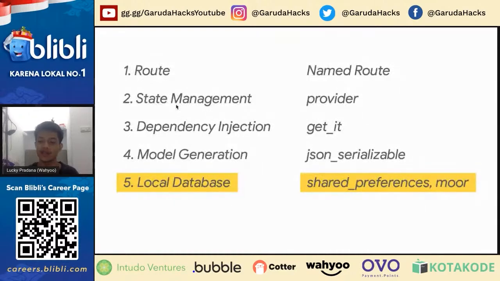It's a SQLite library that helps you generate the model of the database, and you just call the DAO from it. Also, there's one small one called Hive. It is a NoSQL library that you can use the same way as Moor, but it is NoSQL.